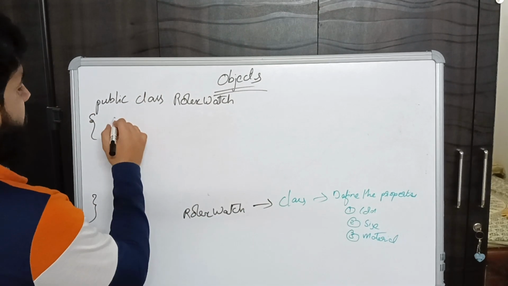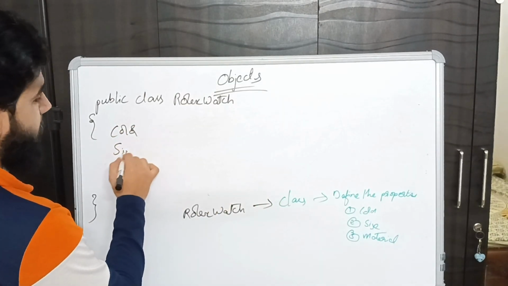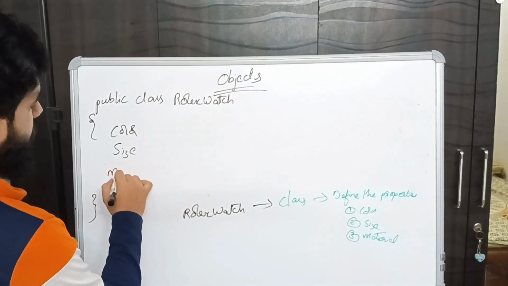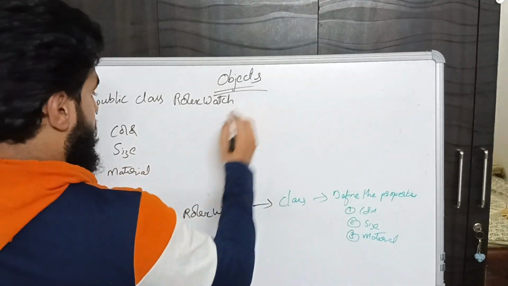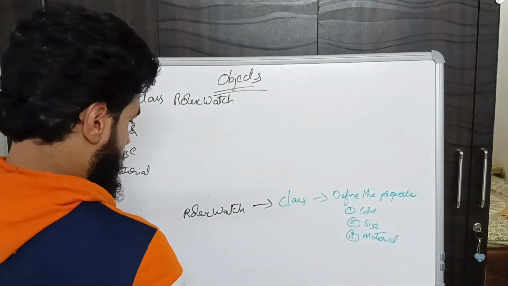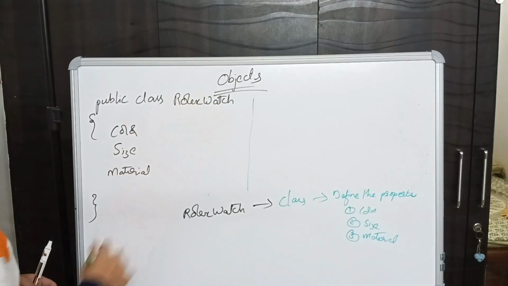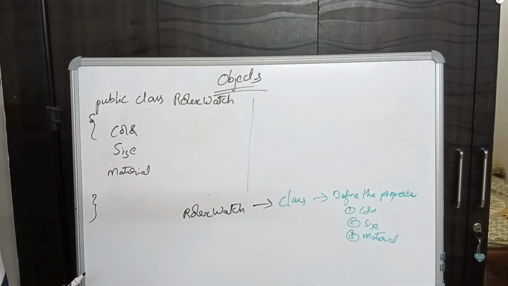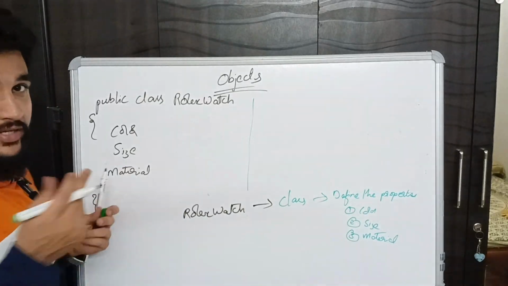The class will have the color, the size, and the material. Okay. We have the class. This is the model that we have. Now we want the JVM to create this object out of it. So how do we create an object?